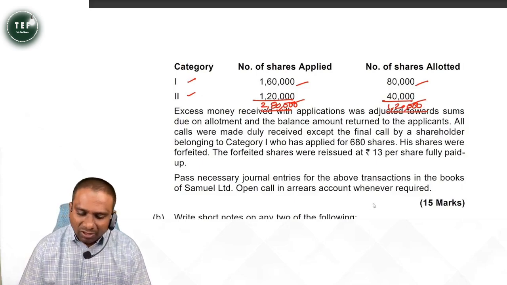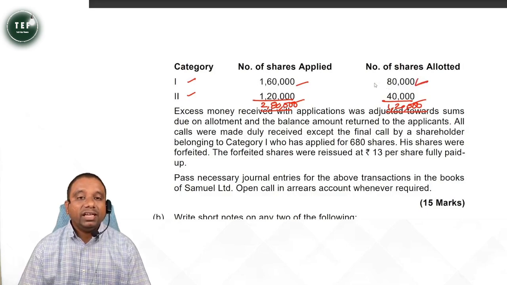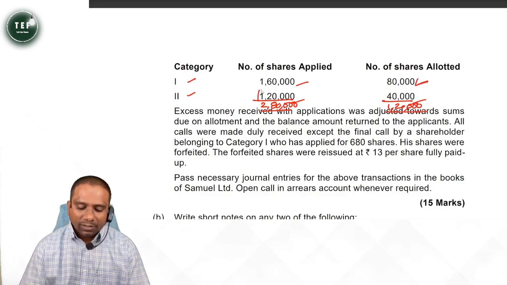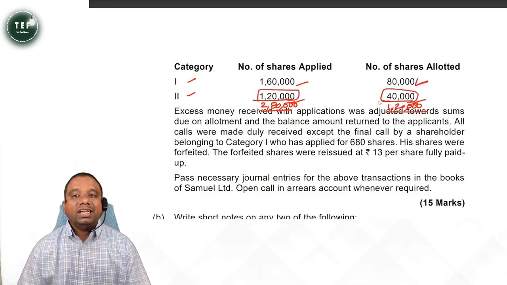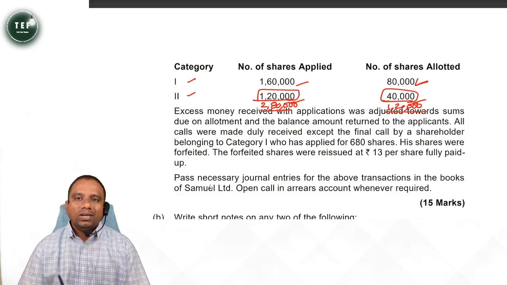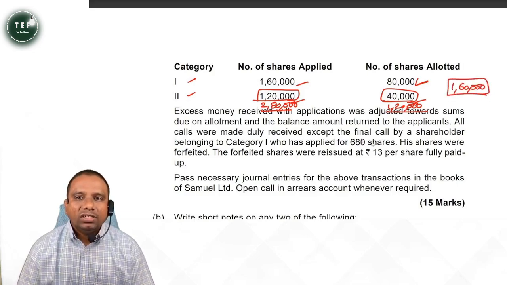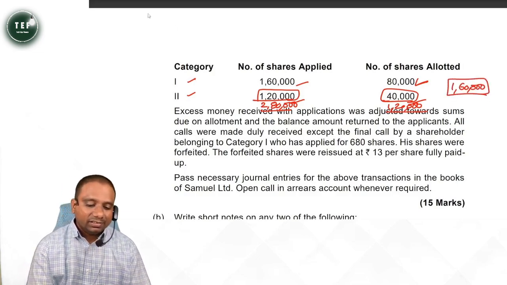We have excess money now. Here we have 80,000 shares of excess money: 160 minus 80. At the same time, 1,20,000 minus 40,000 is 80,000 shares of excess money. Total 80 plus 80, 1,60,000 shares of excess money, students.